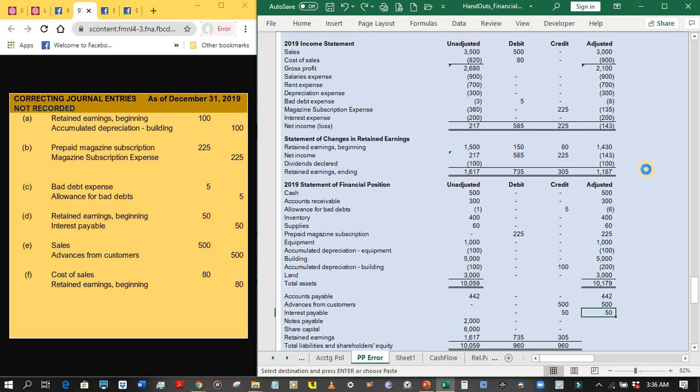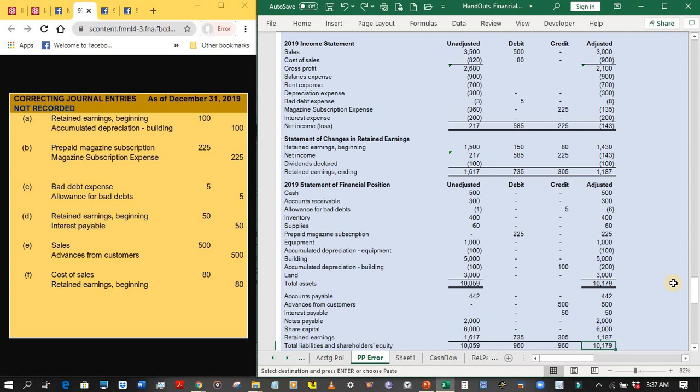Then notes payable is 2,000 pesos, share capital is 6,000 pesos, and the adjusted retained earnings ending is 1,187 pesos, which should be similar to the adjusted ending retained earnings shown in the statement of changes in retained earnings. Then the total liabilities and shareholders' equity is 10,179.